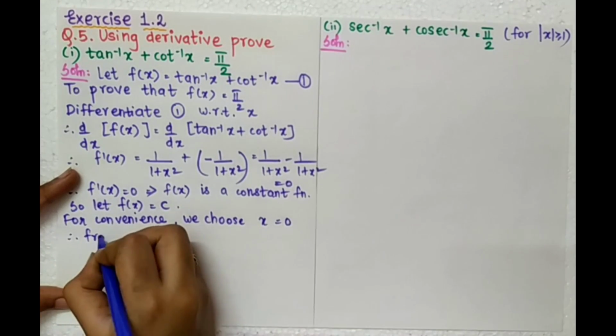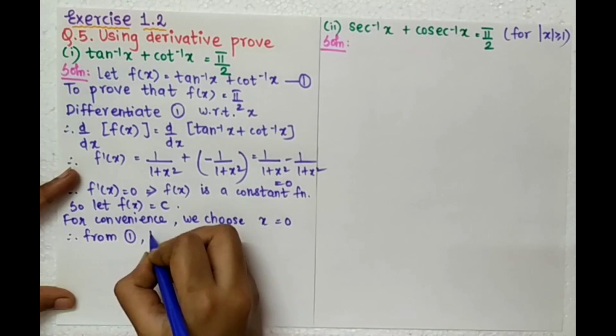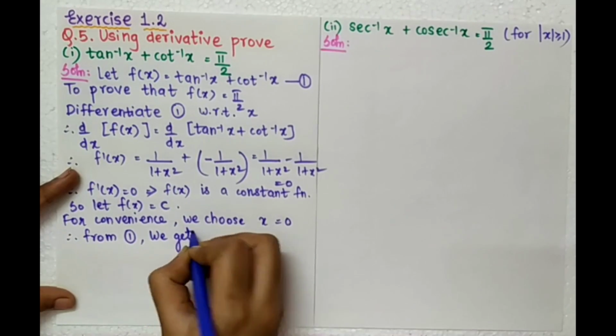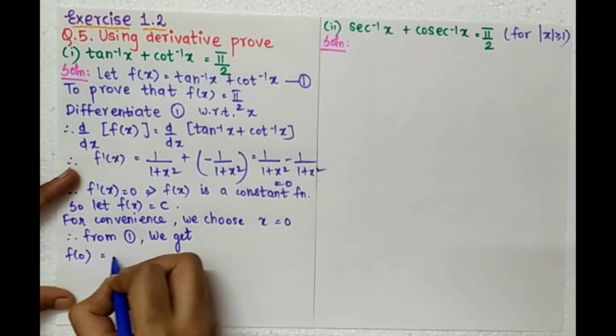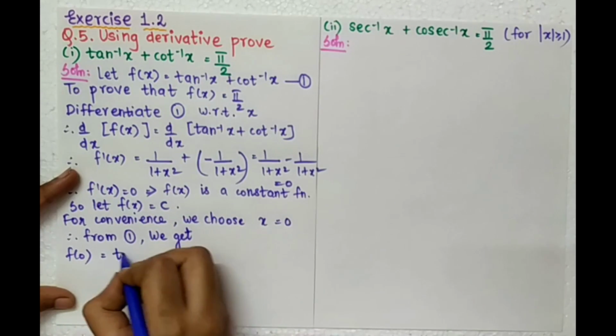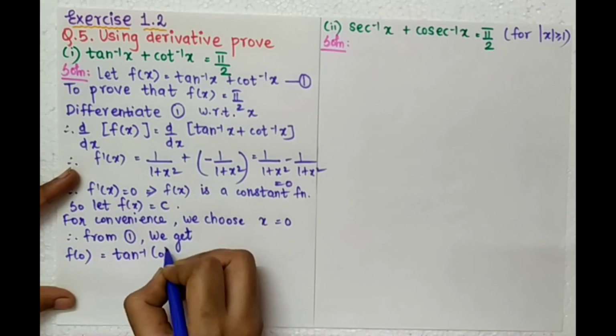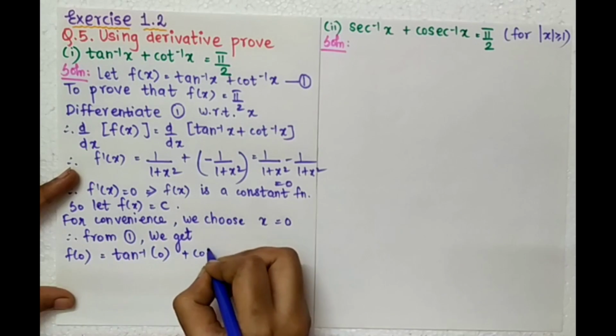Therefore, from 1 we get f of 0 equal to tan inverse of 0 plus cot inverse of 0.